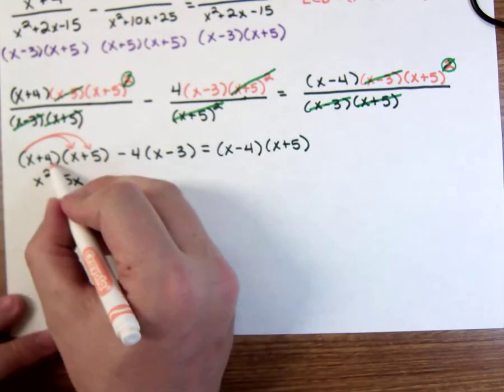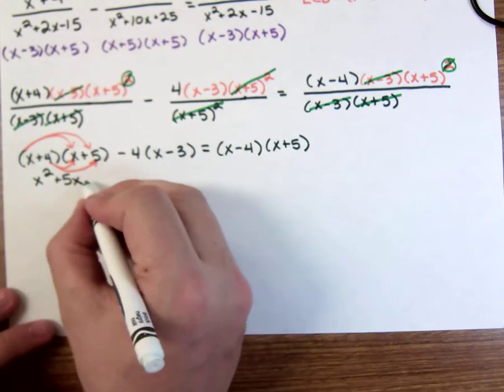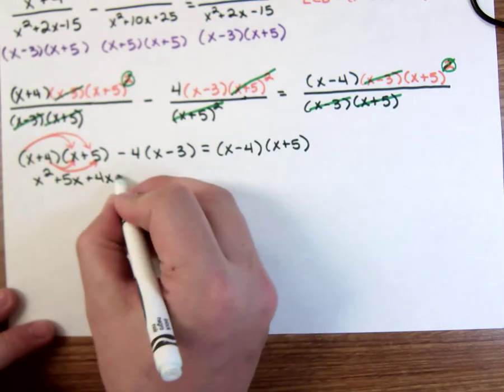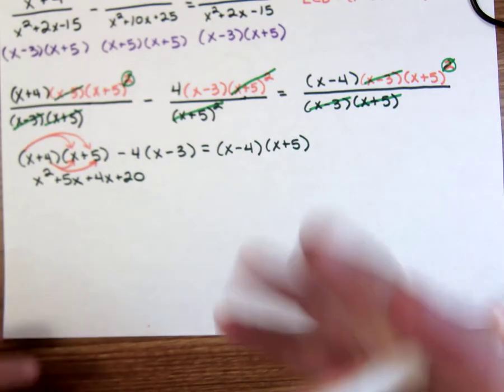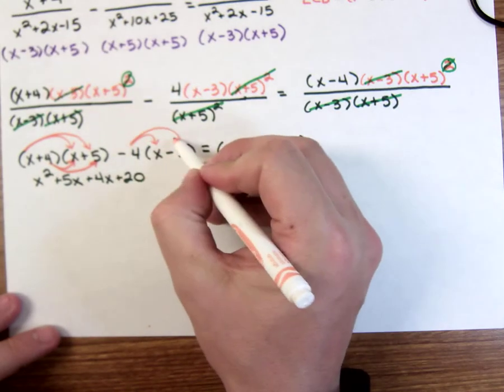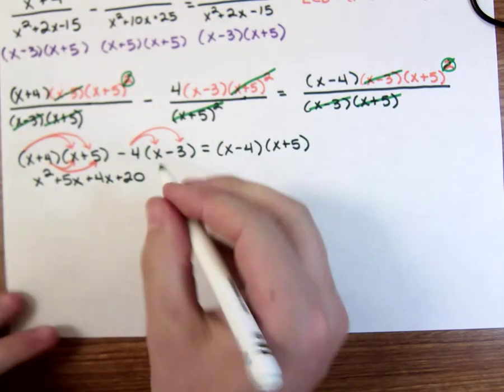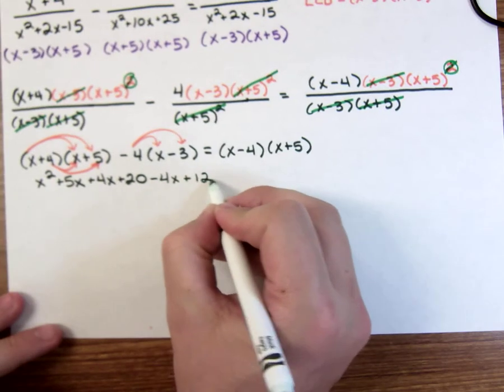And then we'll distribute the 4. 4 times x and 4 times 5. So plus 4x plus 20. Then minus 4x. And then negative 4 times negative 3 is plus 12. So minus 4x plus 12.